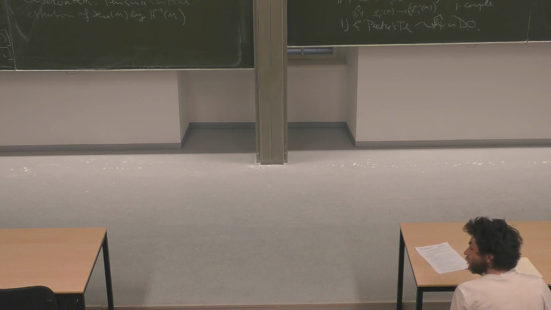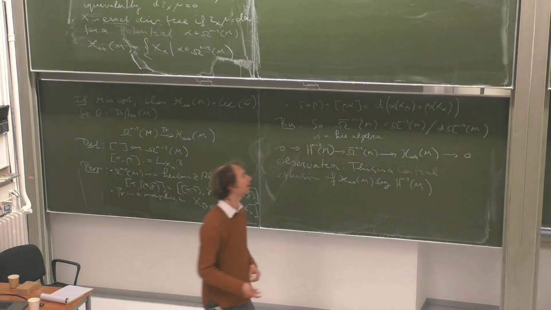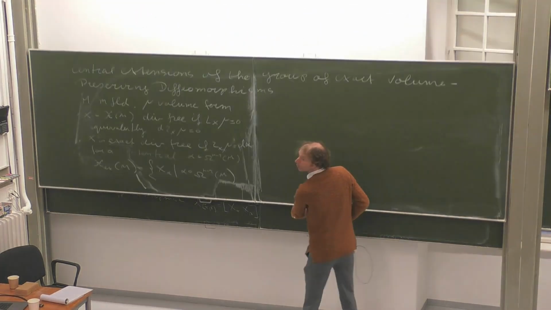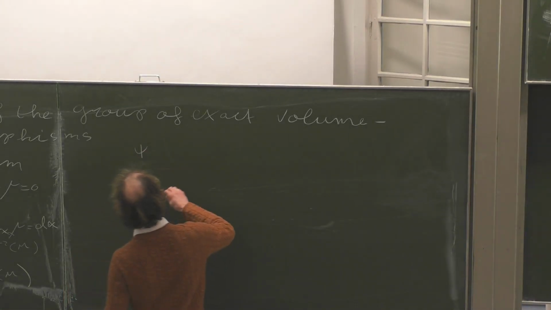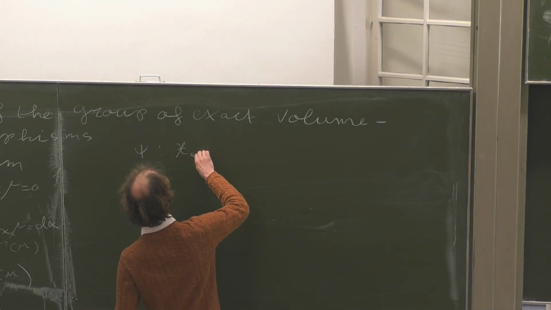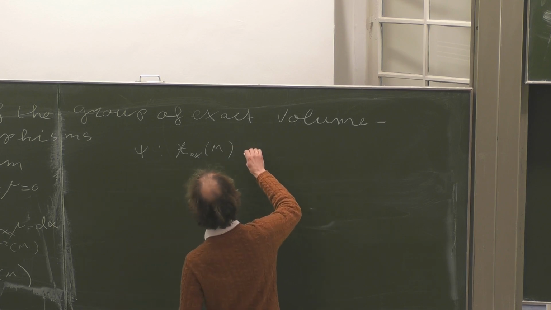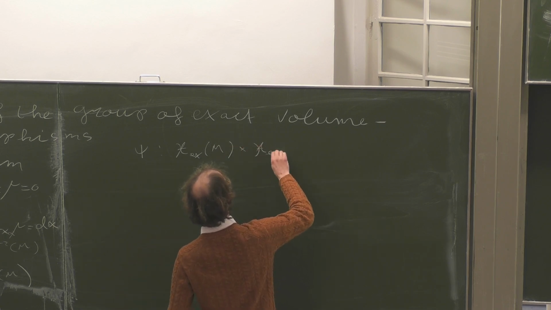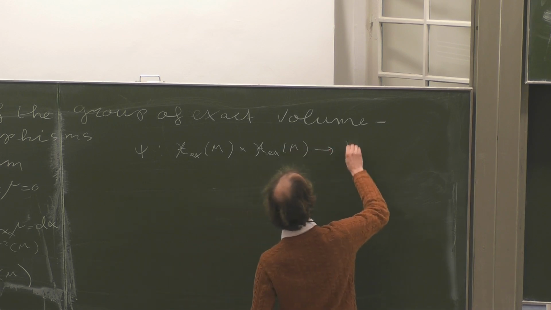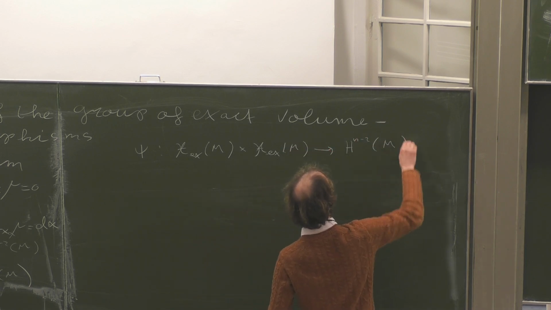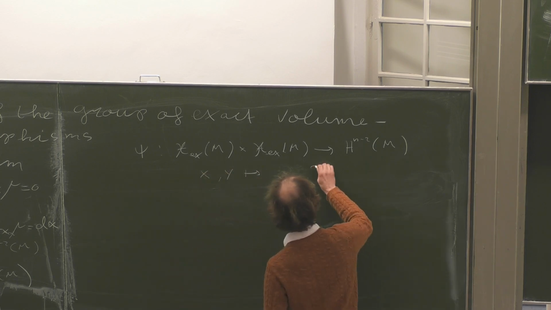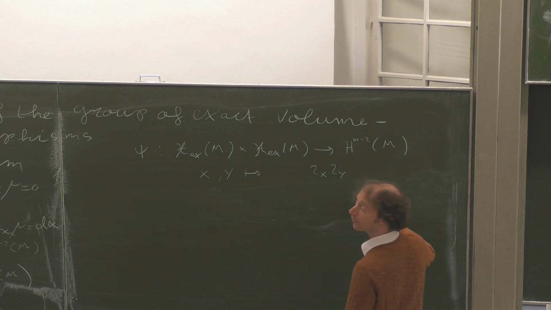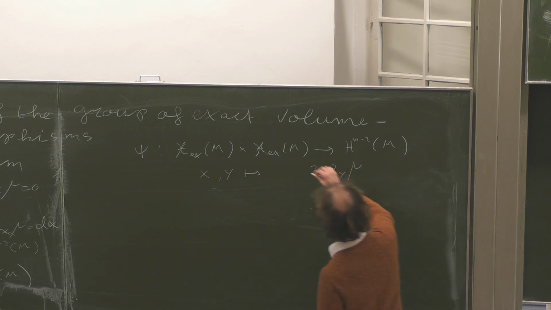Do you have a formula? Yes. Very simple. I should have mentioned. The universal cocycle with values in the cohomology is just taking, plugging both of them into the volume form, you get an n-2 form, and you take the class.